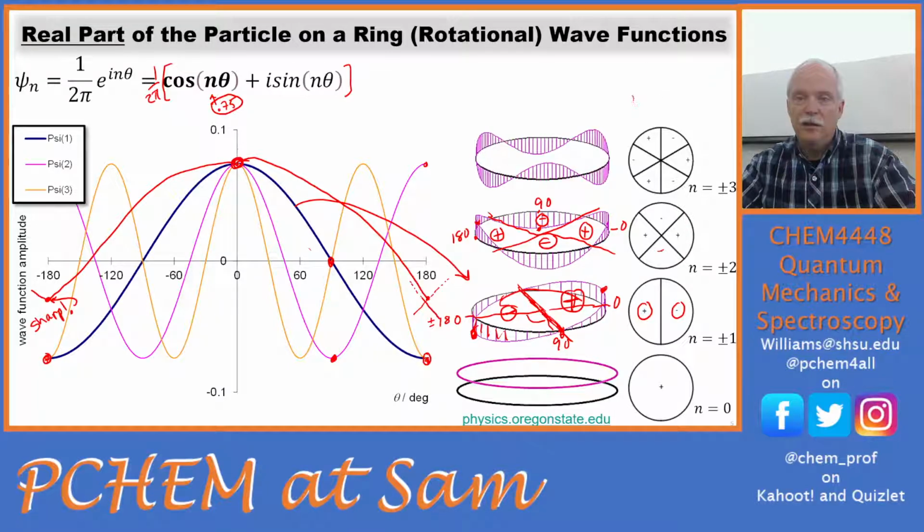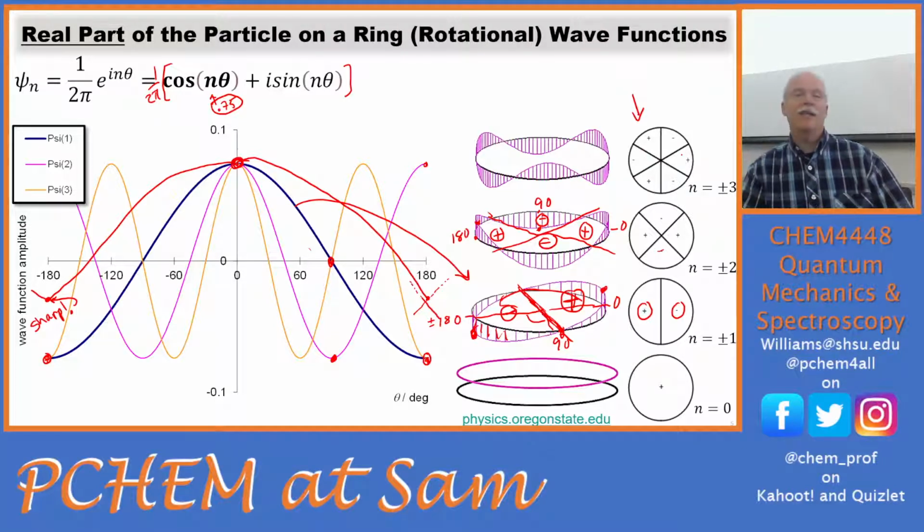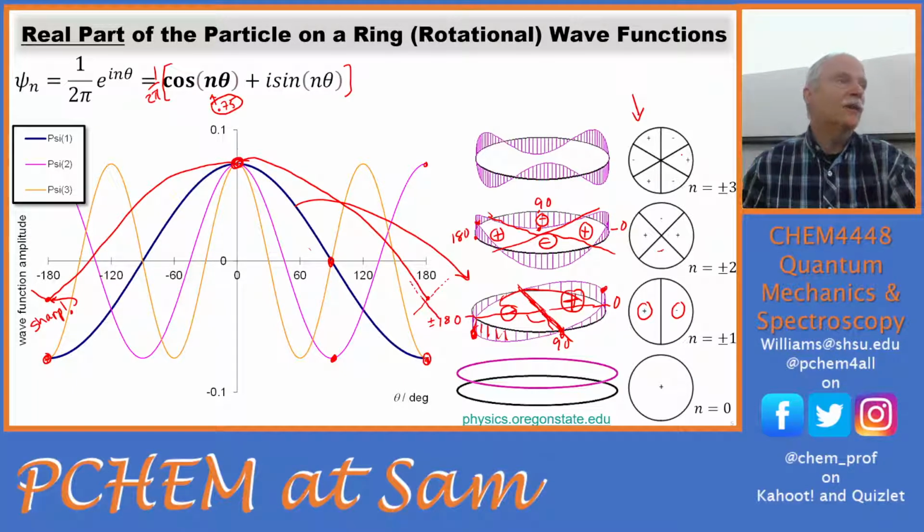Because we're going to start using these little wedges, these little pies with slices that are positive and negative, and that's how I'm going to be representing these wave functions. And so I just want you to be able to look at those and say, okay, I see what's going on with those. This one's n equals 3, where we have 3 nodes, and it gets really difficult to draw them.